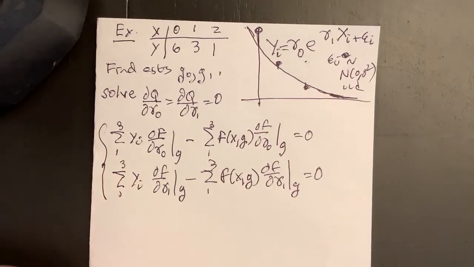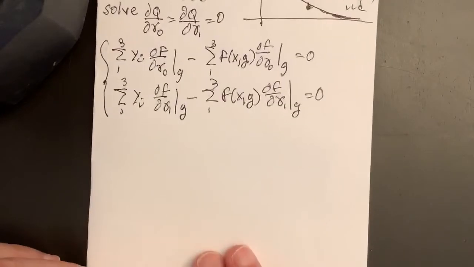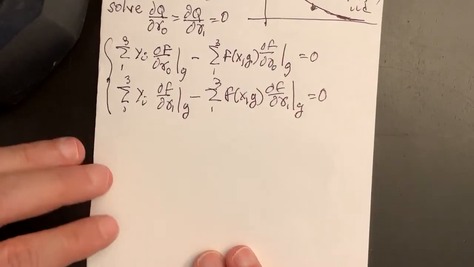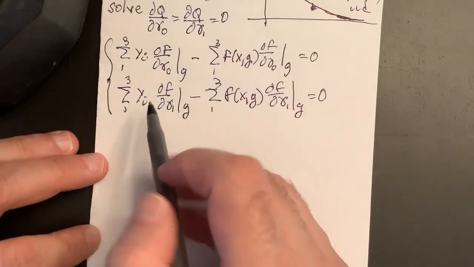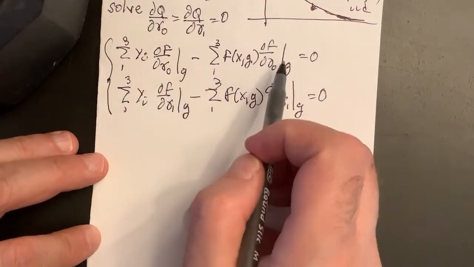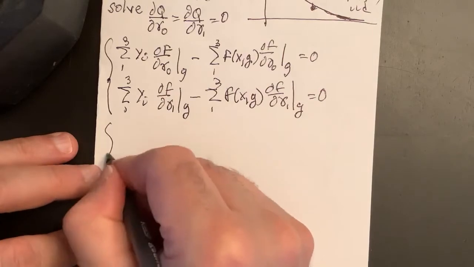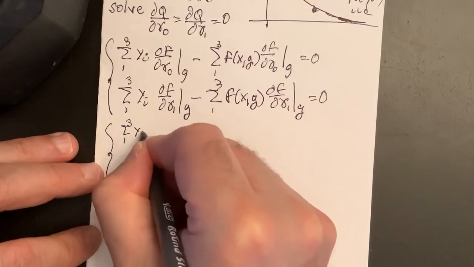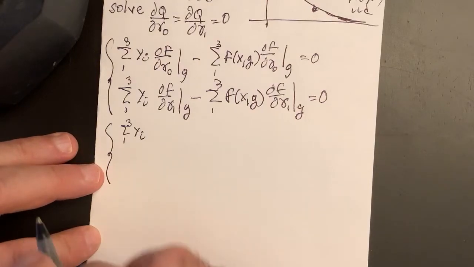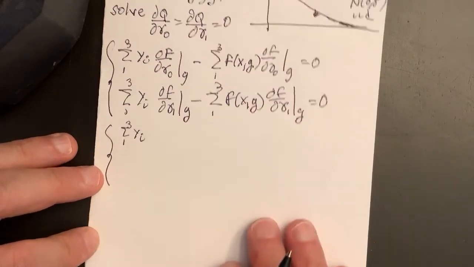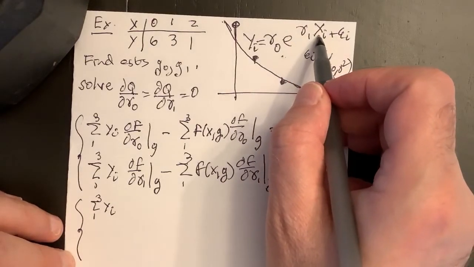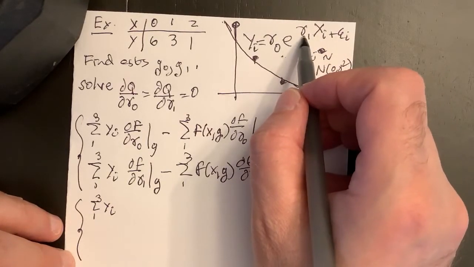Okay, so we have to solve this. Two equations, two unknowns, but they're not linear equations. So let's actually do this. I have to compute the partials here. This is equivalent to the sum 1 to 3 of yi times the partial of f with respect to gamma 0, which is just e to the gamma 1 xi. So I'm just going to put g1 in there.